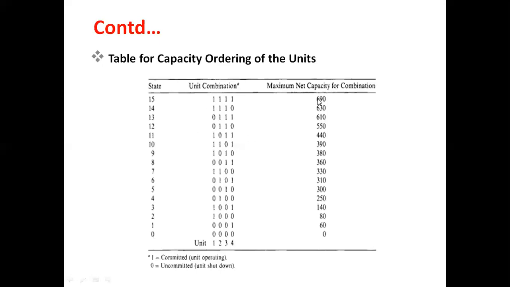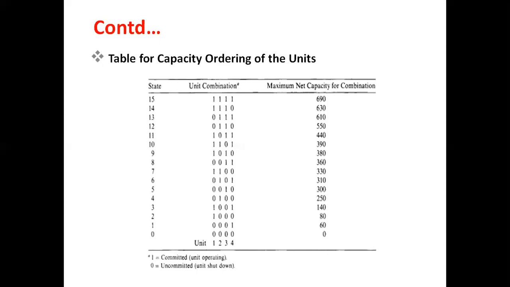The net capacity is the summation of the maximum capacity of all the units. We all know that the maximum capacity given in the data sheet for unit 1 is 80, for unit 2 is 250, for unit 3 is 300, and for unit 4 is 60.